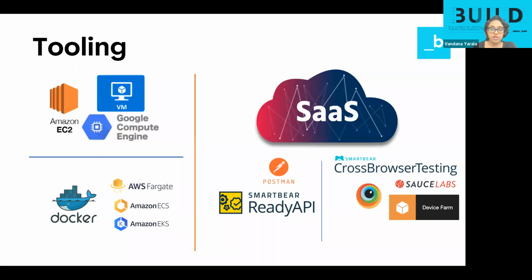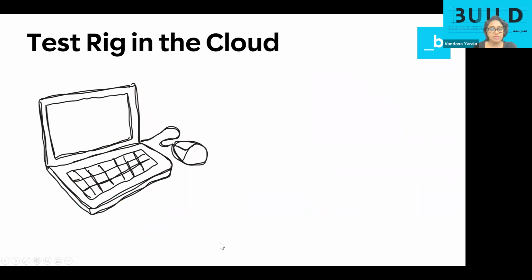You can set up your Fargate, use Amazon EC2 instances and also EKS instances to set up the whole environment for yourself. If any environment goes down or there is an outage, you have control of how to figure it out and handle that. That is the advantage of using Docker compared to SaaS. So that is a little bit about the tooling.